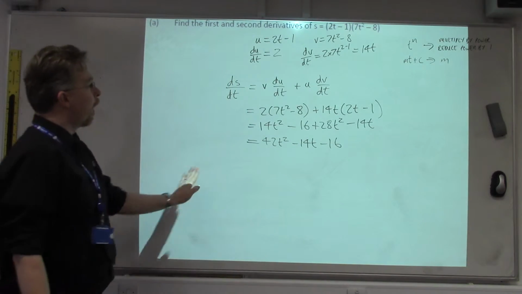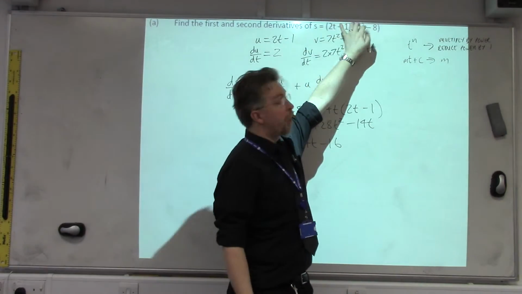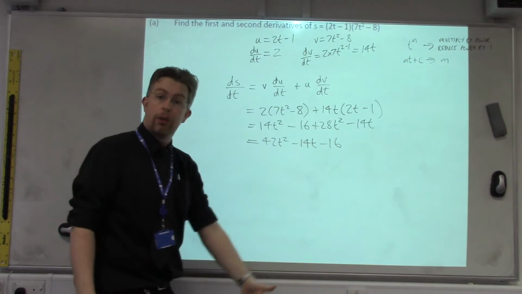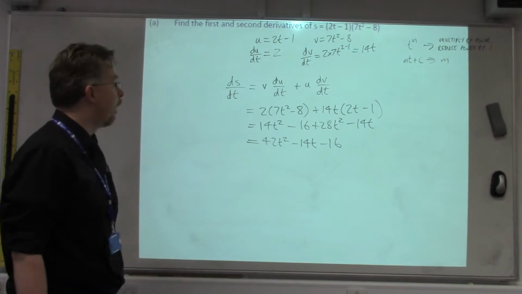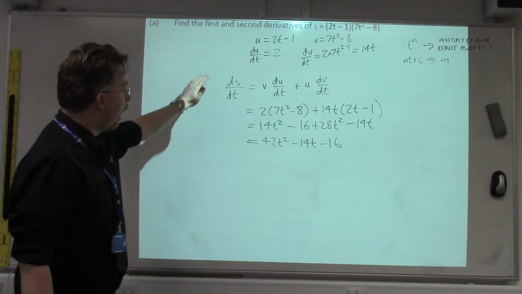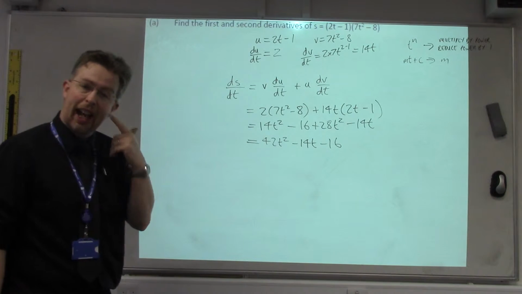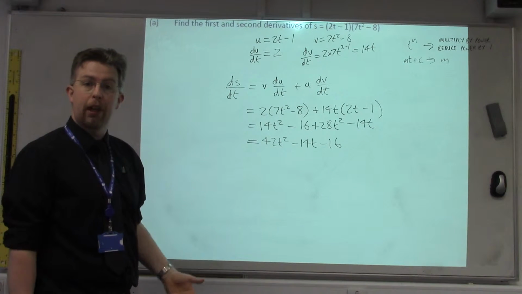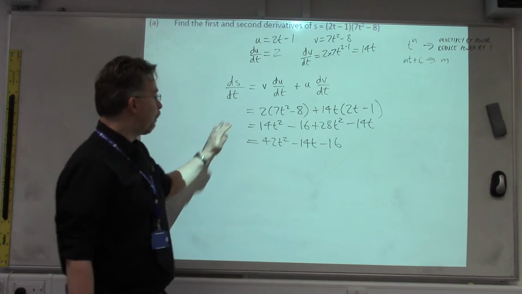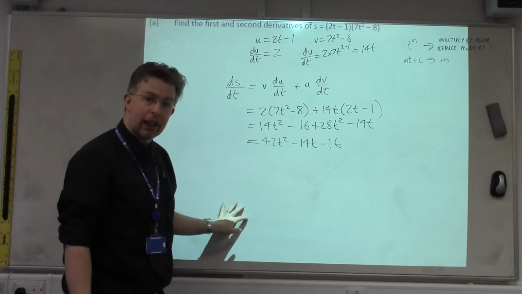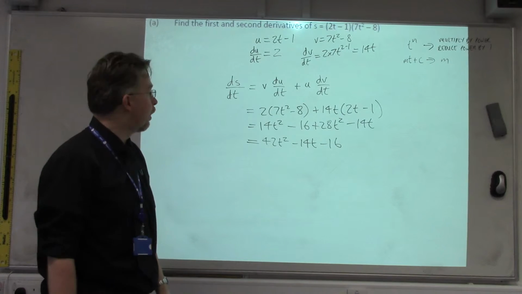Now, one could argue that we could have multiplied out these brackets at the start and got a function we could have differentiated using earlier rules. However, to be able to we have to be able to show that we can apply the product rule. So I'm using this to make it easier to get the second derivative for later on in the question.